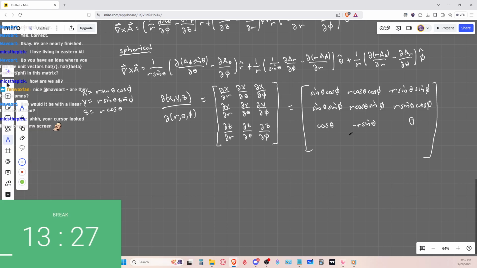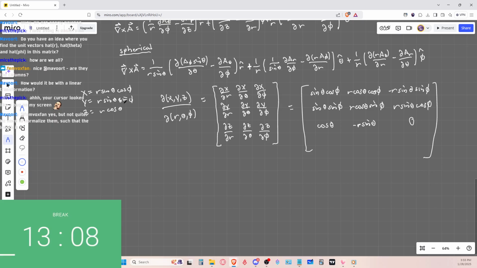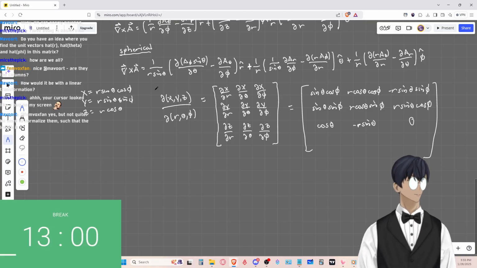This is sine. Oh, okay. So this is sine, cosine. Yes, but not quite. You need to normalize them, such as length 1.